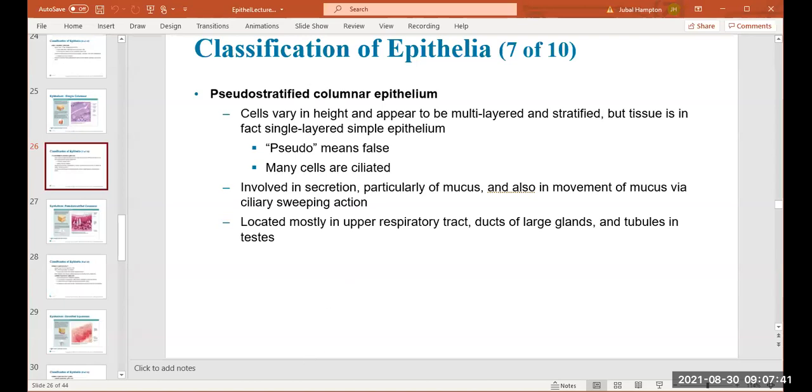We want to get the whole name in there. This tissue is moving material up from the lungs, mostly.